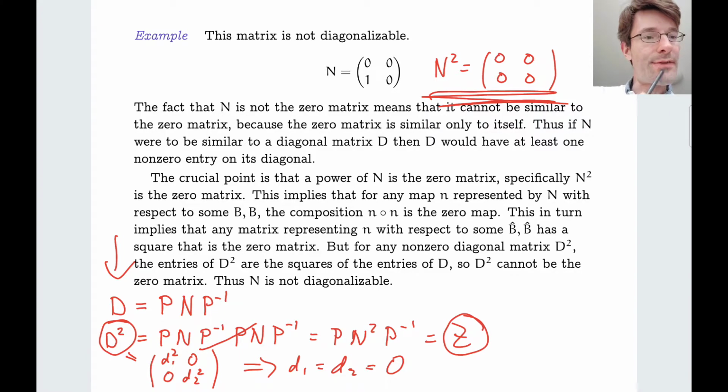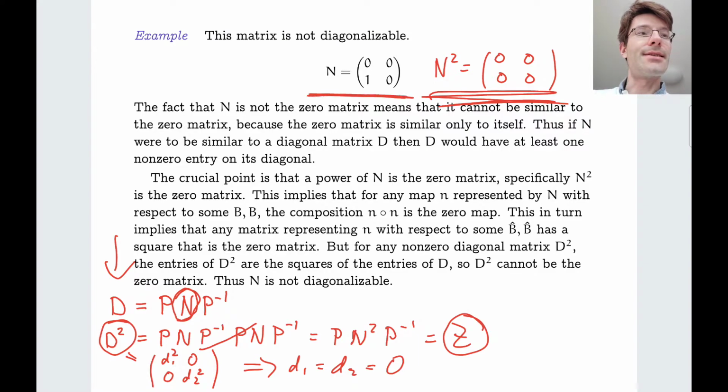So we have derived that if N is diagonalizable, then it would be similar to the zero matrix. But we know from the last video that the only matrix that is similar to the zero matrix is the zero matrix itself.